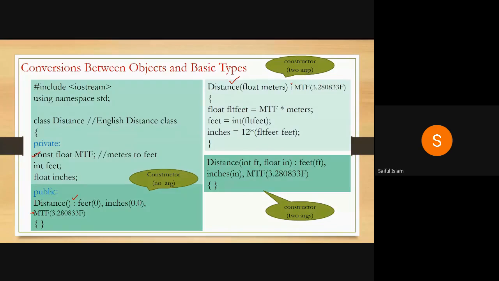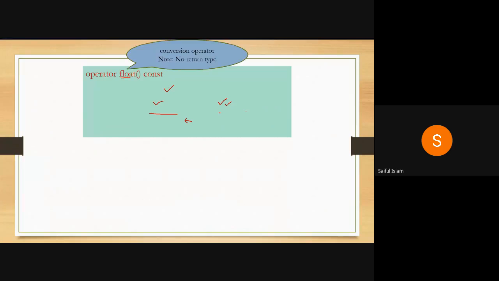So this one argument constructor is invoked at this point and used to initialize Distance. 2.35 meters will be converted into feet and inches, so the values of feet and inches will be initialized for the Distance. When you call showDistance, the values will be shown by this particular statement of the program.